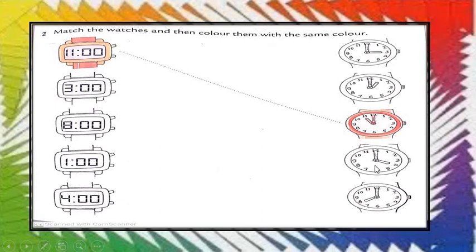On this side we have the clocks which show the same time. Look at here. The short hand is at 3, the long hand is at 12, which means it is 3 o'clock. In this clock, the short hand is at 1 when the long hand is at 12, which means it is 1 o'clock.